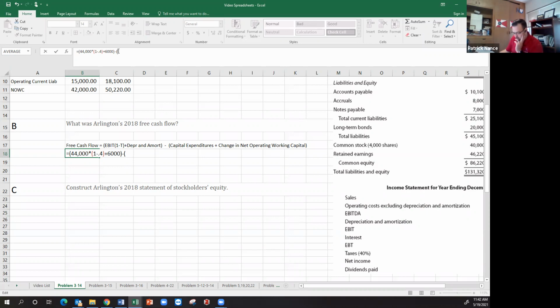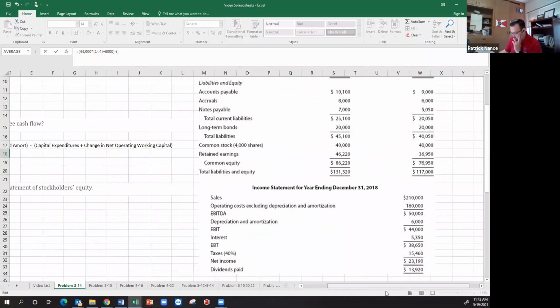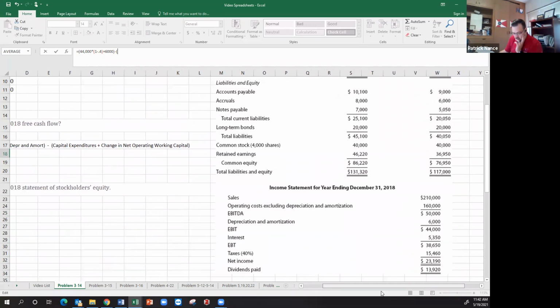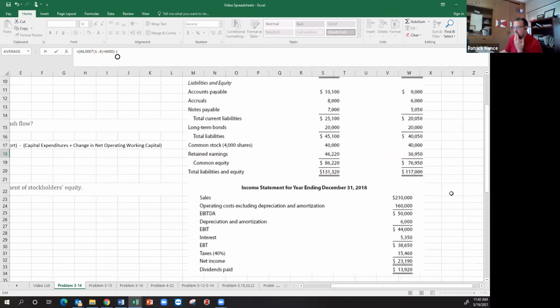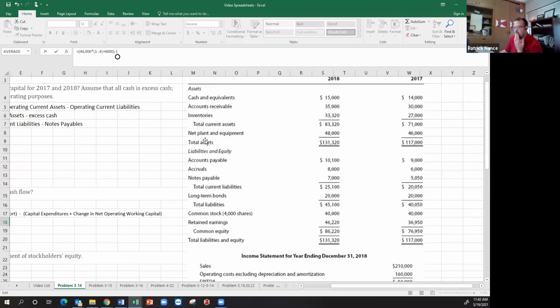What do I have for capital expenditures here? We should be able to find it by taking the depreciation added to the change in fixed assets. So my change in fixed assets went from 46,000 to 48,000.